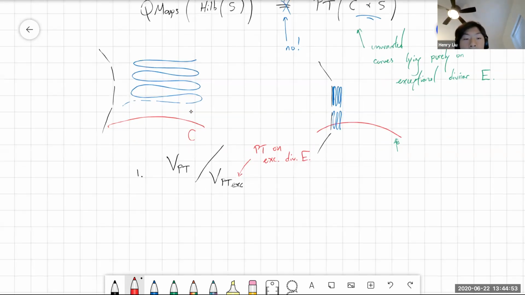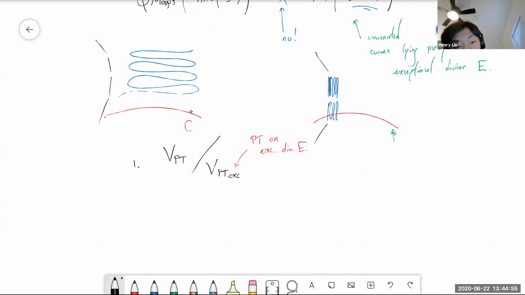So that's one way to go about it. The slightly better way is to find some kind of actual geometric theory which produces this.